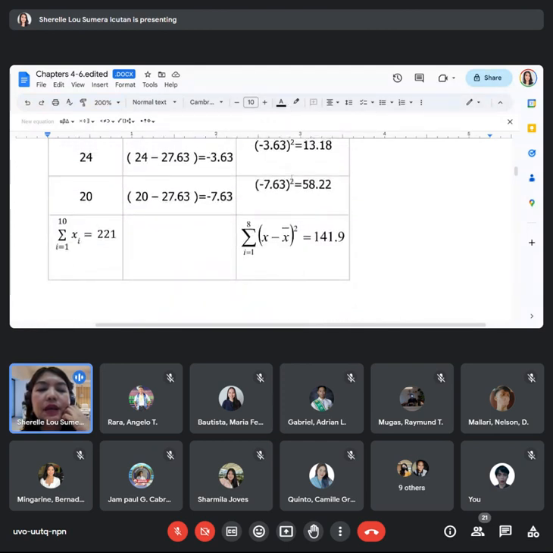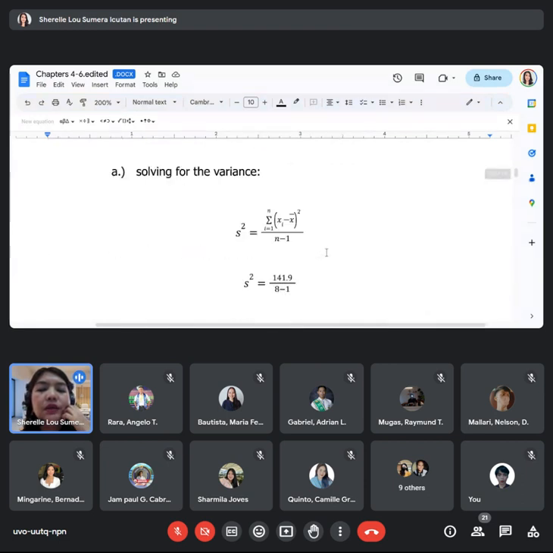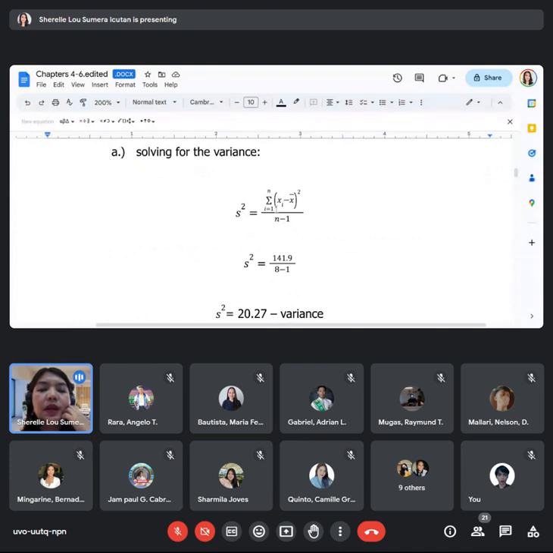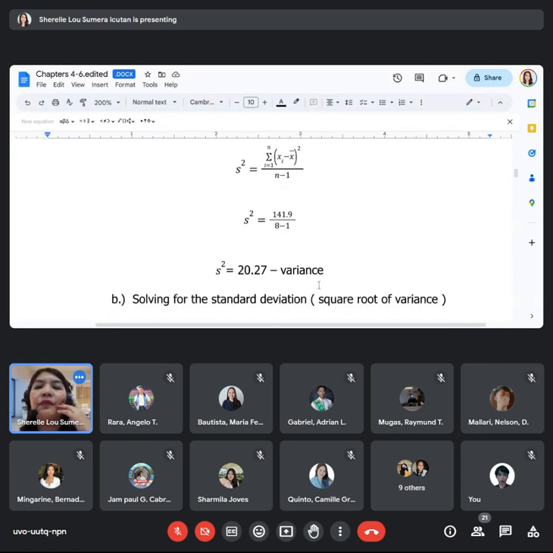You add all of them, so the sum is 141.9. Once you have that, you just have to substitute that in your numerator. And for the denominator, it's n minus 1. So you have 141.9 over n minus 1, which is 7. Therefore, your variance is 20.27. Do you have any question? May clarification? May tanong? Okay lang kayo?